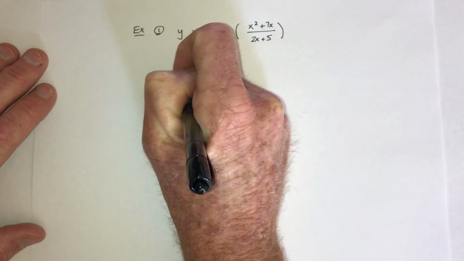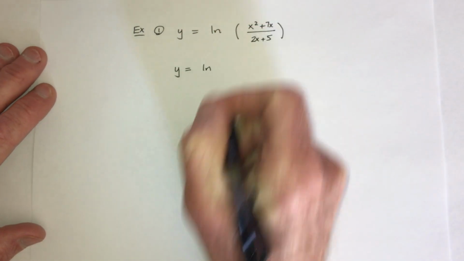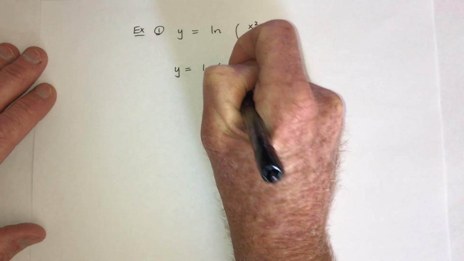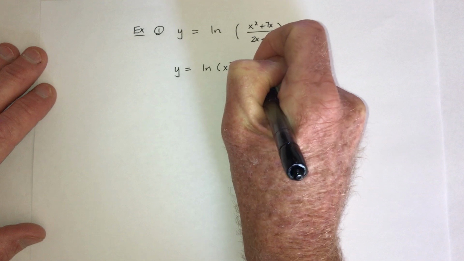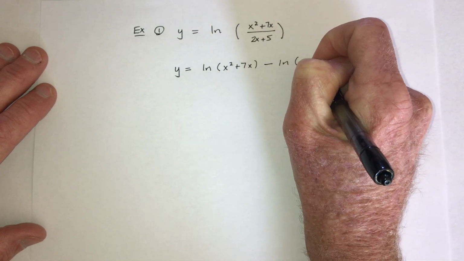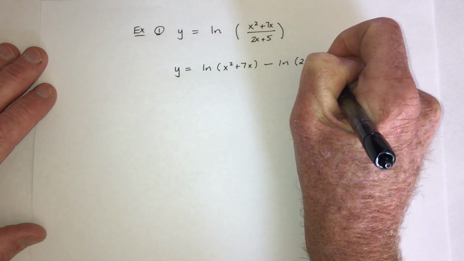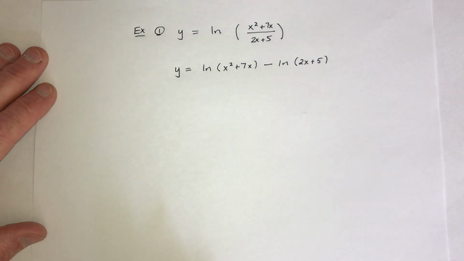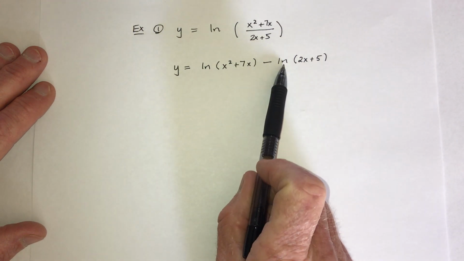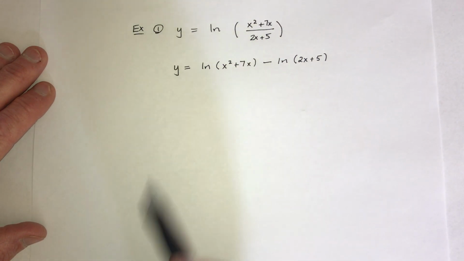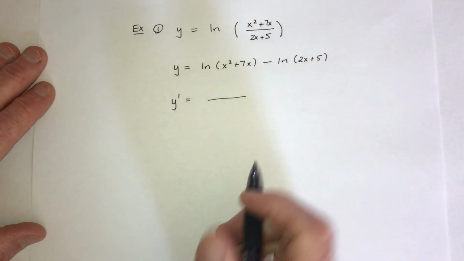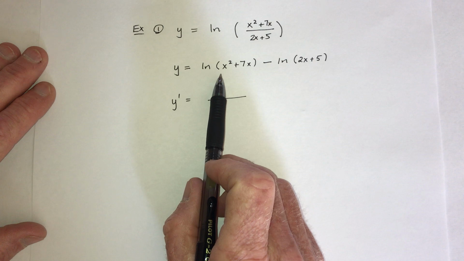So before doing the derivative, just use the rules of logarithm. And this is going to be the natural log of x squared plus 7x, and then minus the natural log of the bottom, 2x plus 5. And now that we've done that pre-calculus part, we've got two easier functions to deal with instead of one big one. So now take the derivative, and I'm going to use the little shortcut that I just mentioned.